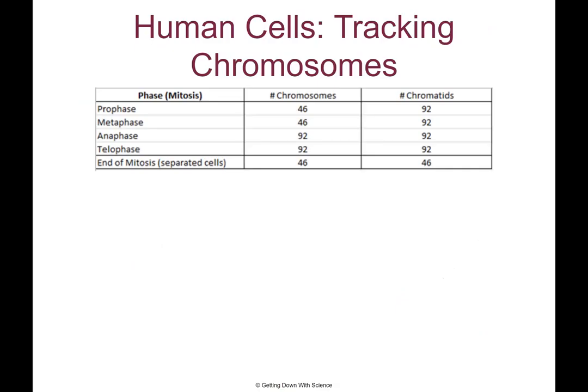So prophase, we have 46 chromosomes, that's 92 chromatids. Metaphase, 46 chromosomes, 92 chromatids. Anaphase, we have 92 chromosomes and 92 chromatids because we're separating out to the separate ones. Telophase, 92 and 92. And so then at the end of mitosis, when we form our separate nuclei, separate cells, they each end up with 46.